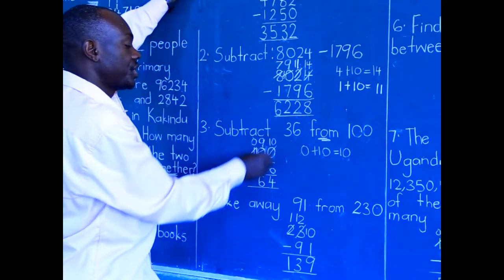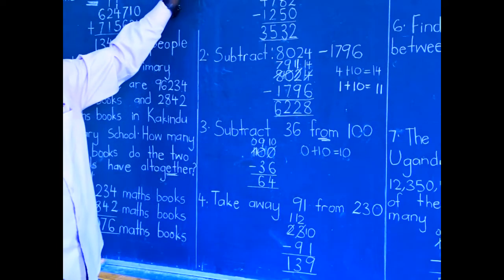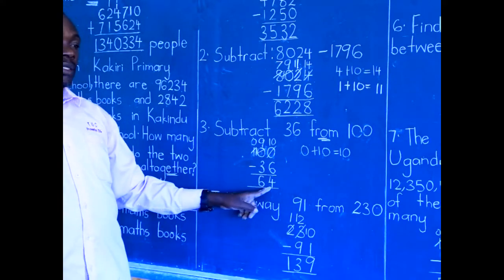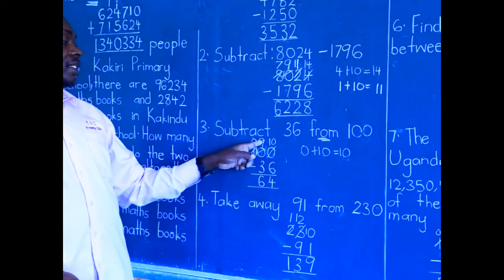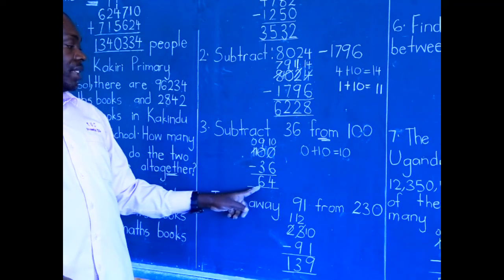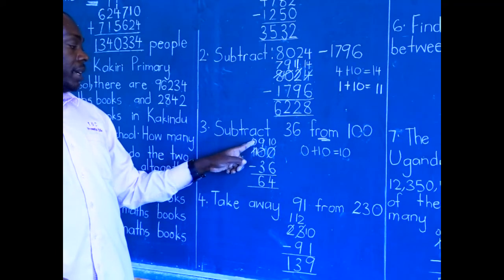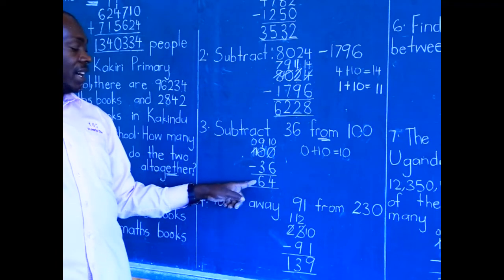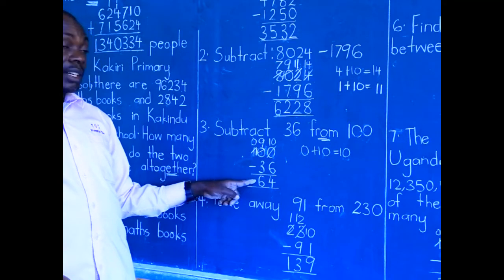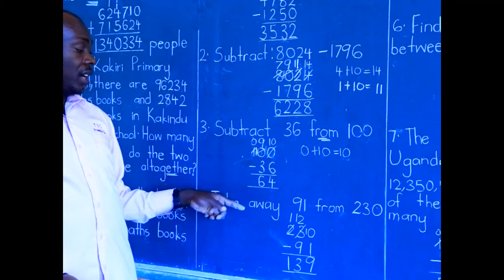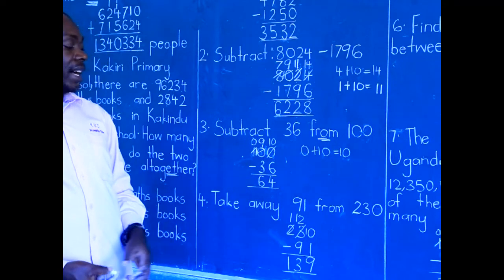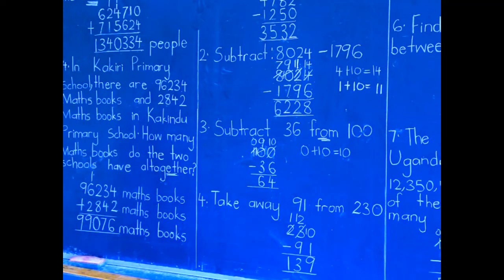Replace this 0 with a 10 and start your subtraction normally. That is 10 minus 6, you get 4, and 9 minus 3, you get a 6. Remember, this side will remain with a 0, which is not allowed to be written as the beginning digit for a whole number. So we remain with 64 as the answer for that particular number.